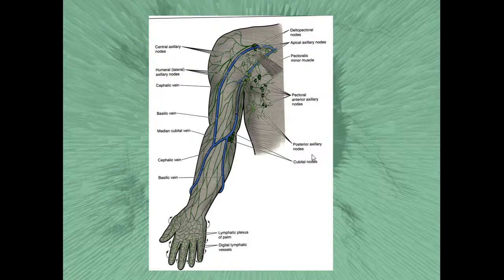Lymphatic drainage of the upper limb is also very well developed. It starts from the capillary network in the skin and in the muscles of the upper limb. Then lymph is collected into the lymphatic vessels, which carry it to the regional lymphatic nodes.